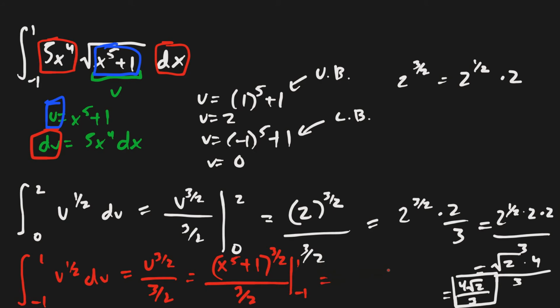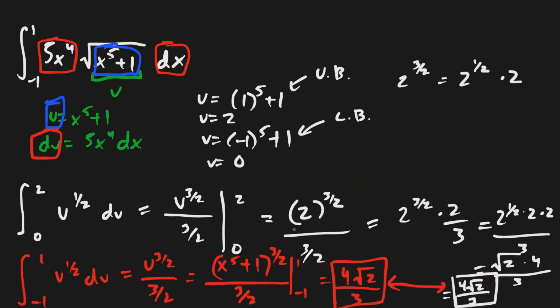And so when we do this, we're still going to be left with 4 square root 2 over 3, which is equivalent to this. If you don't know how I did this last step, because I didn't show my work, I literally just plugged in this 1, which got me 2 to the 3/2 power over 3/2, which is just what I got here.